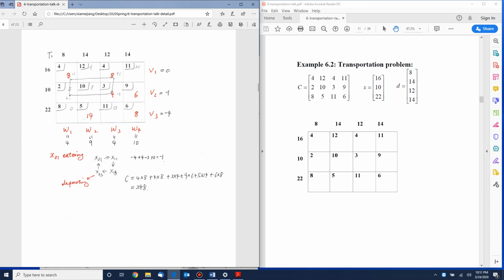The last non-basic variable is x33, right? So v3 plus w3 also equals 0. Now we check using vi plus wj minus cij, that's zij minus cij.